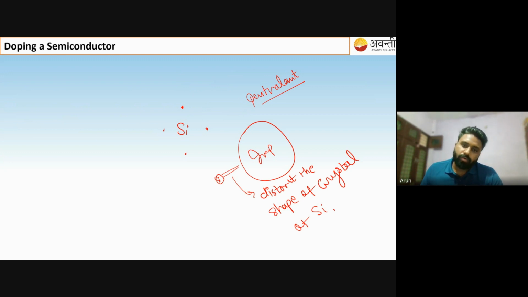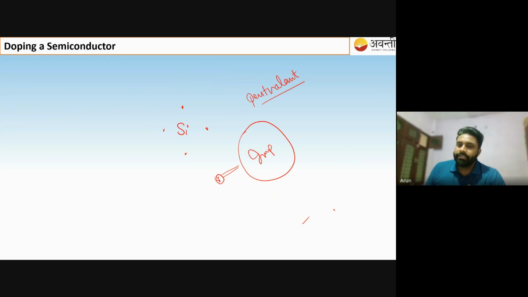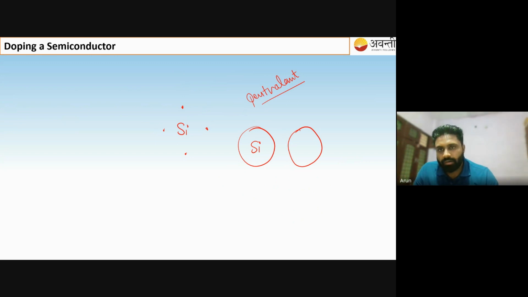So to avoid this distortion, we need an atom which is similar in size to silicon. If silicon is of this size, this atom must be of this size. That is only possible because silicon has 4 valence electrons, so that impurity must lie in the range of 3 to 5.